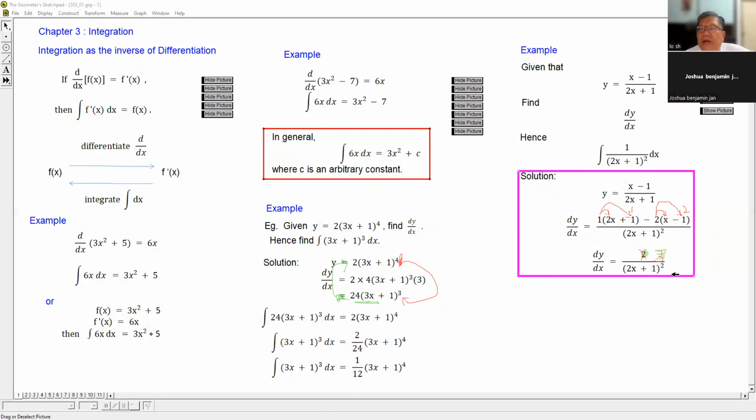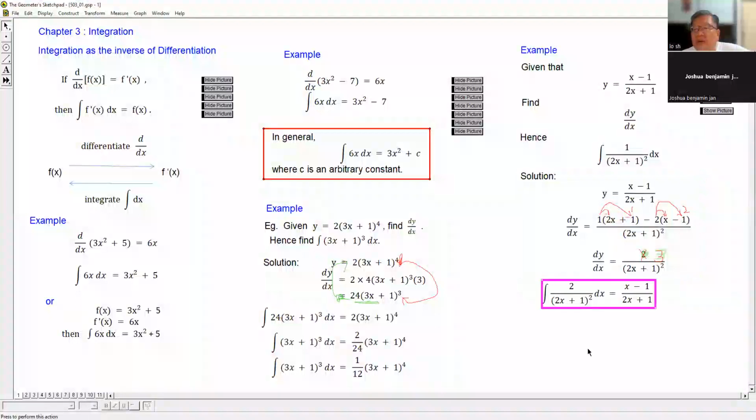So far, okay or not? Can follow or not? Can. Okay. Then we want to integrate this. You integrate this, you should get back the original answer here. This is not 2, it's 3.